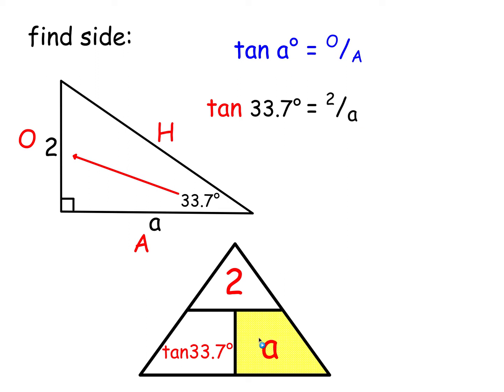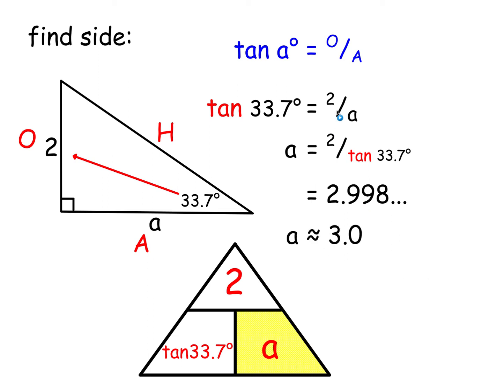Turn the formula around to find out A. A is 2 over tan 33.7. There it is. Or simply memorise this: if the letter's in the bottom of the fraction, swap it with the function. So 2 divided by tan 33.7 in the calculator gives you this long answer that you write down and you round it. 4 lines of working.